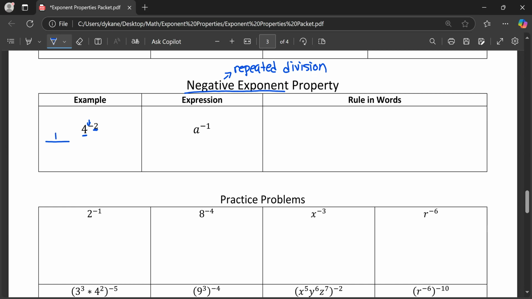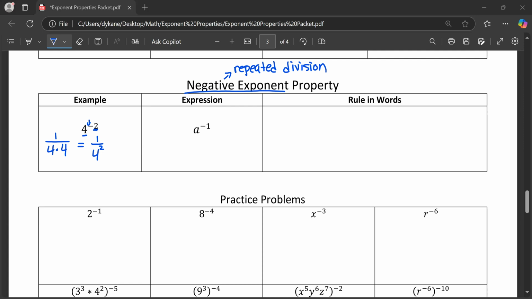So I'm taking 1 and I'm dividing it by 4 times 4, or I'm dividing it by 4 2 times. Well, we know how to represent 4 times 4. That is just 4 squared. So that becomes 1 over 4 squared, right?